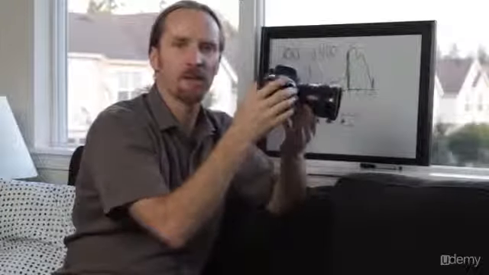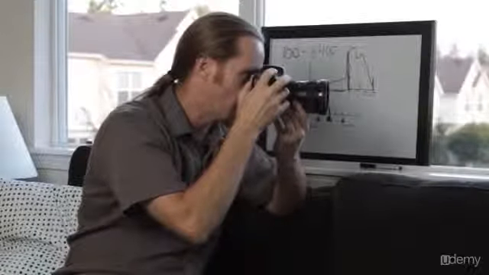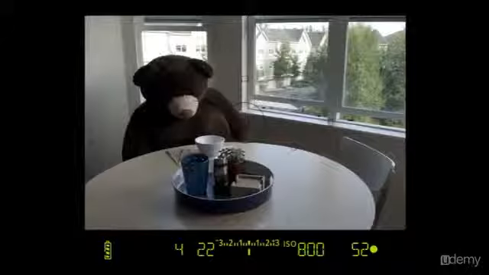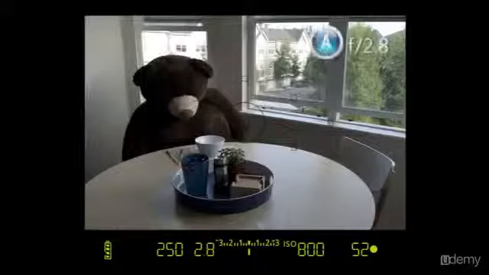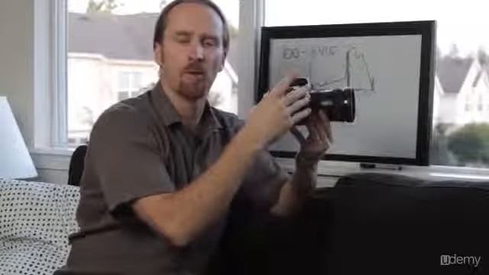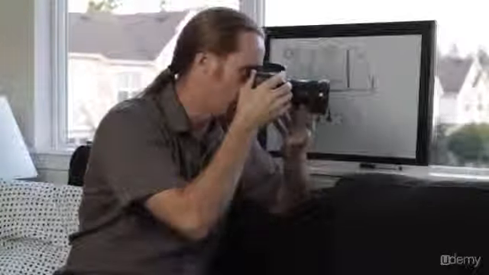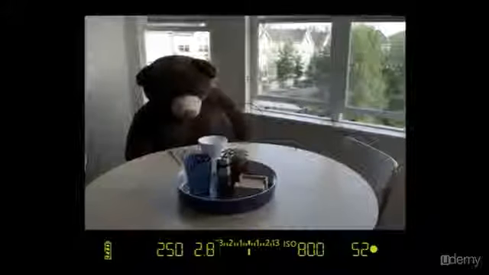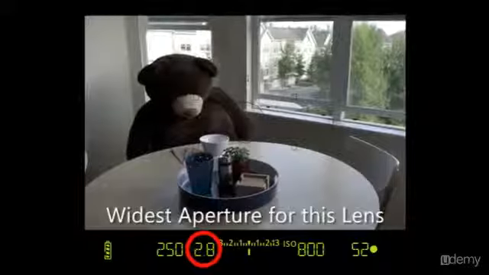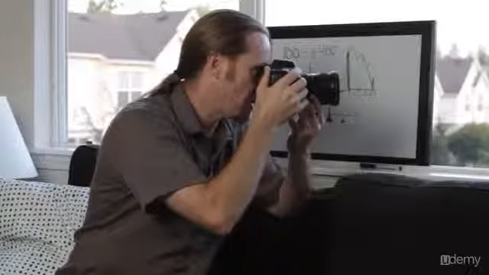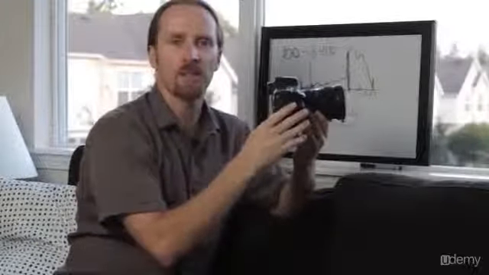You need to look in your manual to see exactly where that is in your viewfinder, but you'll see that with this lens I can close the aperture all the way to 22, and then I can open it up all the way to 2.8. Your lens may stop at 4 or 5.6 depending on what lens you have and what zoom setting you have. What you'll notice is that in a given situation, if you choose the widest aperture, in other words the smallest number, that will automatically adjust the shutter speed accordingly.